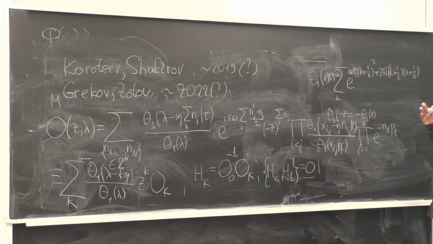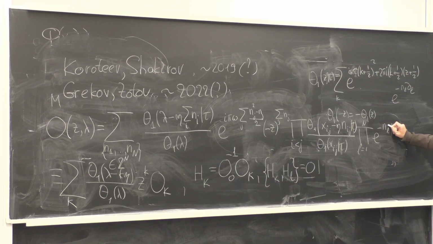And after quantization, when this operator becomes a shift, instead of a number, this guy becomes an operator of the form of some derivative over x, the exponent of it is a shift.